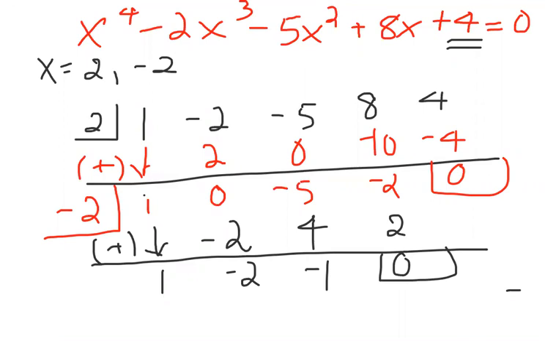Now, what just happened? This is what just happened, guys. I just did synthetic division twice using the 2 zeros. So the first time I did the synthetic division, it reduced the 4th degree polynomial down to a 3rd degree polynomial. And then the second time, it reduced the 3rd degree polynomial down to a 2nd degree polynomial. So I went from 4th degree to 3rd degree to 2nd degree.